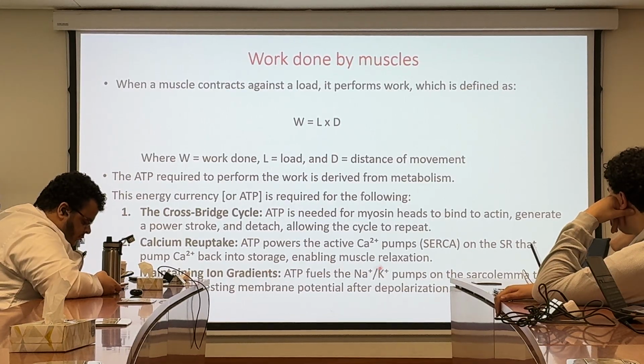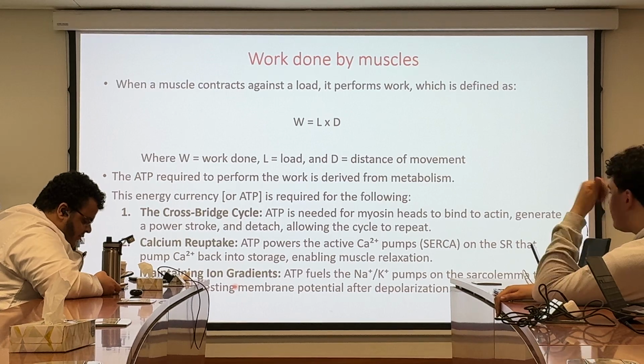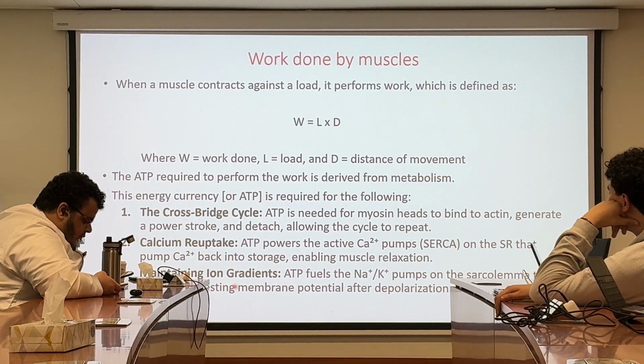And obviously pumping it back into the sarcoplasmic reticulum will cause relaxation. The third reason you need ATP is to maintain sodium and potassium gradients, because you are creating action potentials. The sodium is going in, the potassium is going out. You need the sodium-potassium ATPase to pump that sodium out again and the potassium back in again. Okay?